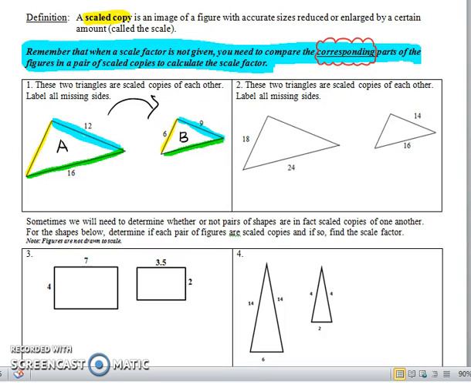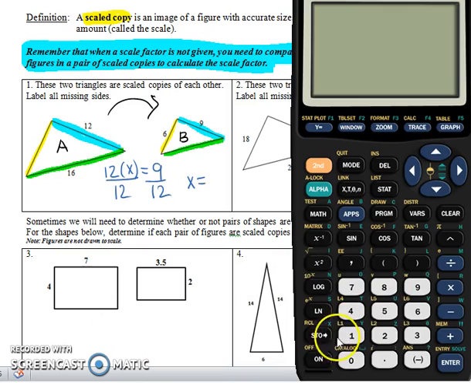So I'm going to use that pair, and I'm basically going to say if I took 12 on triangle A and I multiplied that with a number, I don't know what the number is though, so I'll call that number X, my result in triangle B is the number 9. So I can use this to now find what the scale factor is, and that scale factor is represented by that variable X. So dividing both sides by 12, I get that my scale factor is 9 divided by 12.